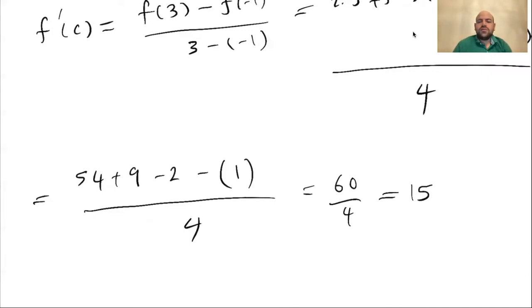Okay, so we have to solve for f prime of c equals 15.